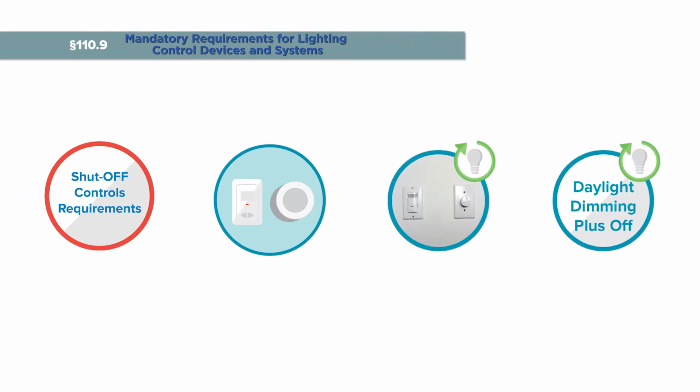Both categories of lighting controls must meet specific performance and certification requirements contained in the energy standards and appliance efficiency regulations. If a lighting control product is intended to meet multiple control requirements under the energy standards, it must also meet multiple requirements under Title 20.